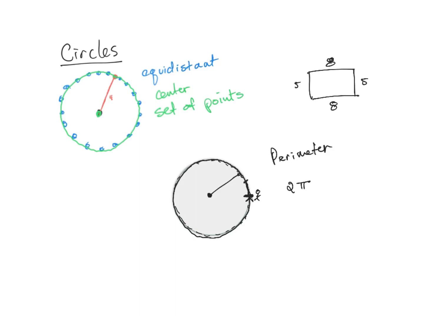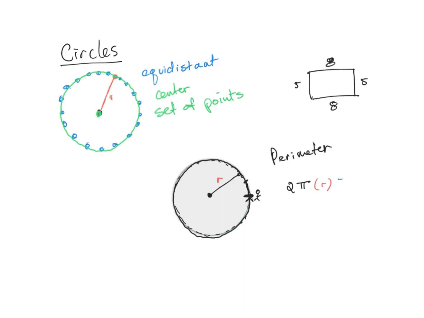And in order to determine the distance around this full unit of a circle, we have to use a radius. And when we deal with circles, that's called a circumference.